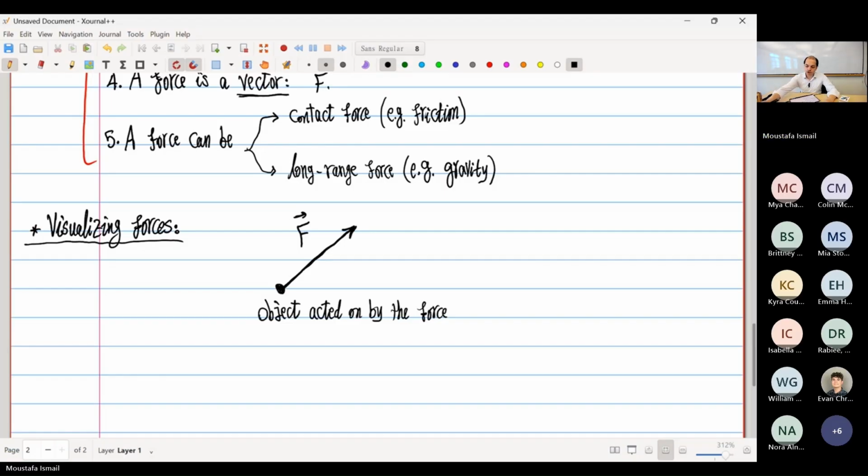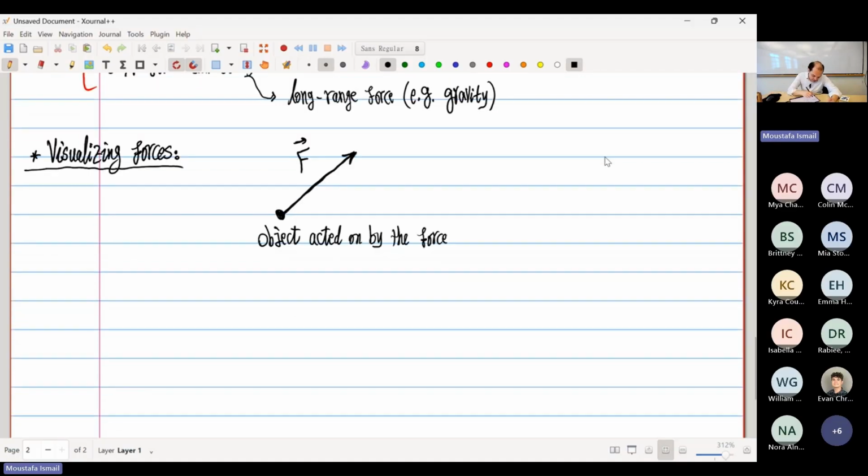Also, just for simplicity, we denote objects by points. So this object could be a car, could be a table, it could be any complicated object, but usually in physics, we convert complex real-world situations into simplified models.